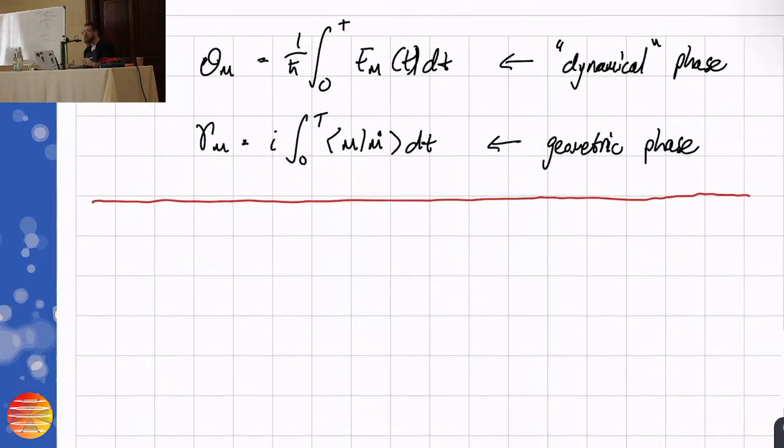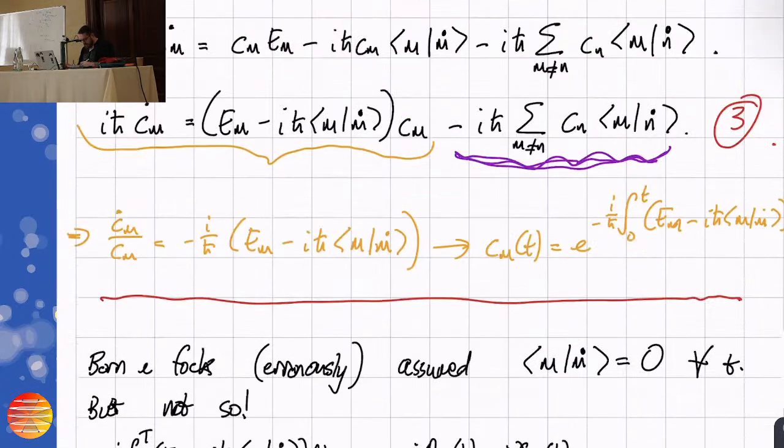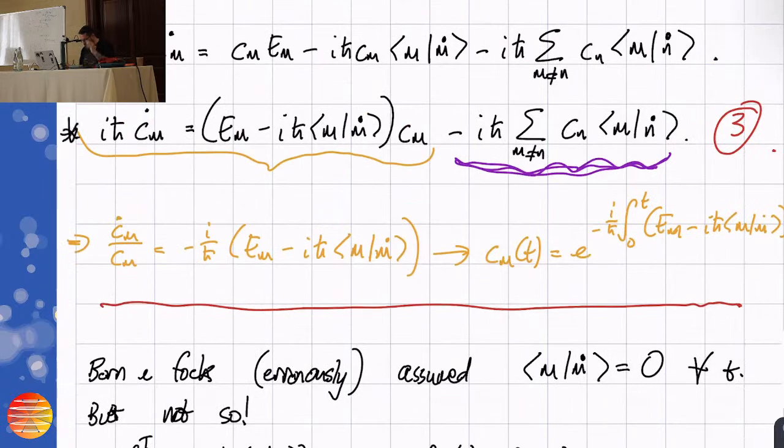But okay, let's go back to thinking about this equation. Now it should be obvious: if I can neglect that last term, then I can solve the Schrödinger equation. And imagine I started in an eigenstate. So imagine that at my initial time, I only had one non-zero coefficient. So my Cm was equal to 1, and all the rest of them were 0.